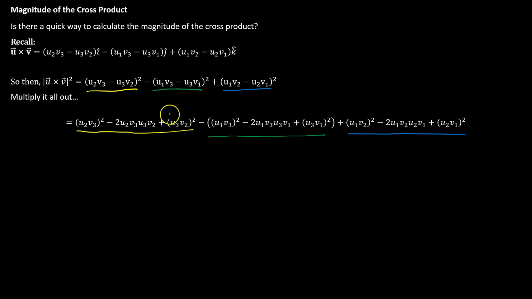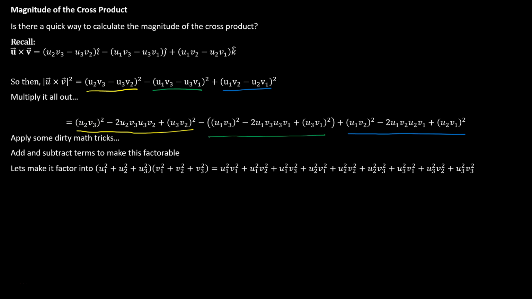Okay, now that we've multiplied all of these out, we're going to apply some dirty math tricks. This is everybody's favorite part of math class, dirty math tricks. What we're going to do is add and subtract identical terms, and we're going to pick special terms to make this equation factorable. The pattern that we have in mind is what we have here on the screen.